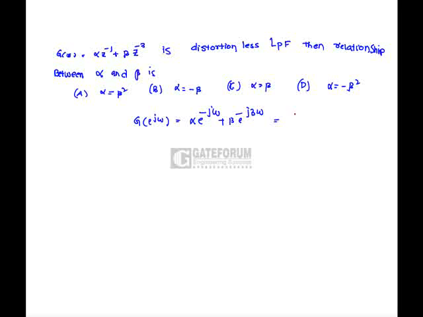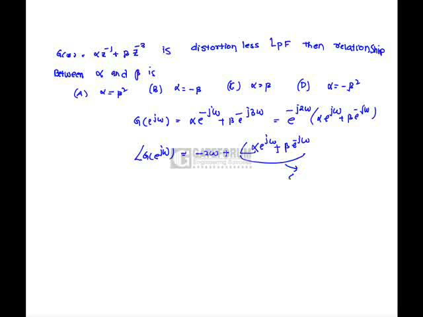If we take e power minus j2 omega as common, that is e power minus j2 omega times (alpha e power j omega plus beta e power minus j omega), the angle of G of e power j omega is nothing but minus 2 omega plus the angle of (alpha e power j omega plus beta e power minus j omega). This phase must be a constant or 0.